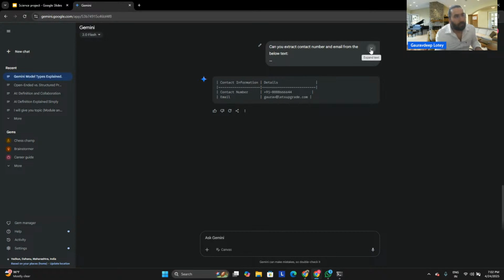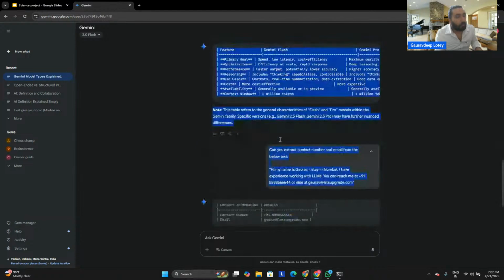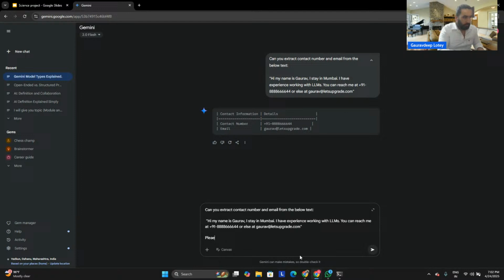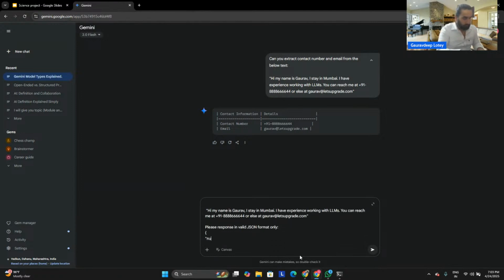Now, what if I try to go back and close this prompt a little bit more, so that I give it a structure. Please respond in valid JSON format only, which is like this: name, value, number, value, email, value.